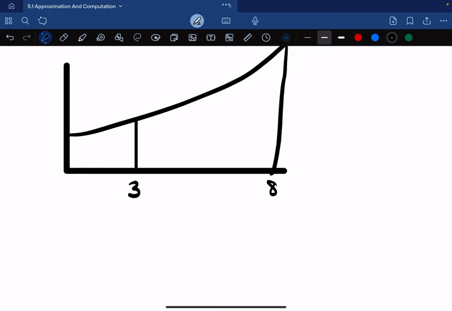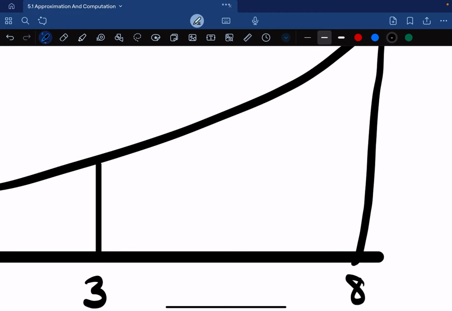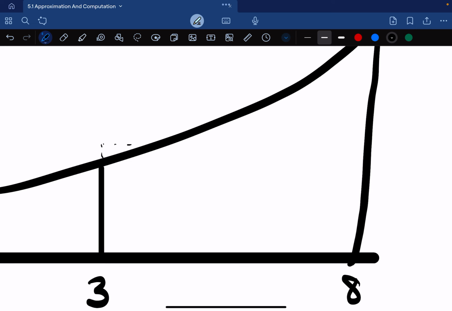Now, there is finally one other type of approximation as well, and that is called a midpoint approximation. And the midpoint approximation is very interesting because instead of having either the left or the right of your rectangle directly on the graph, some point in the middle is now directly on the graph.